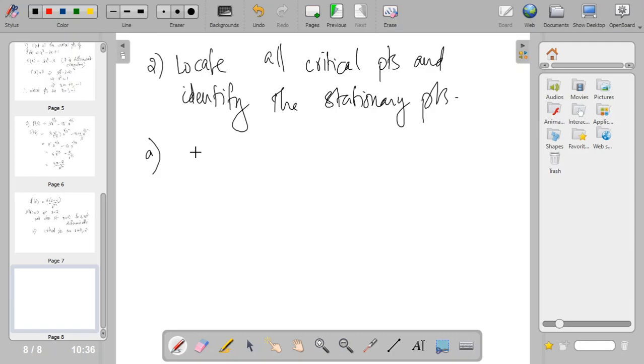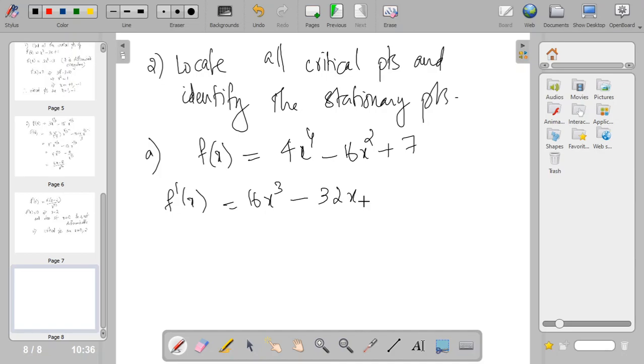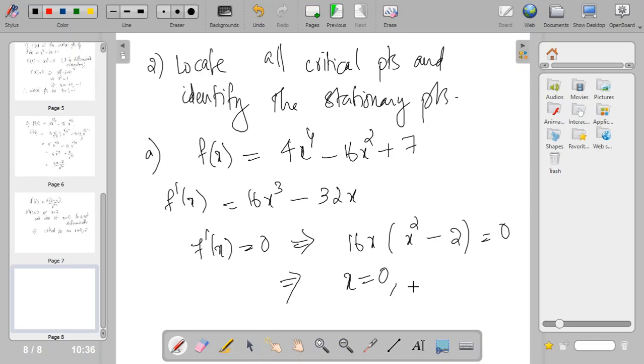So we have f of x equal to 4x raised to 4 minus 16x square plus 7. So when you take f dash of x, that is 16x cube minus 32x. So f dash of x equal to 0 will give 16x into x square minus 2 equal to 0. So that gives x equal to 0 and plus or minus root 2.